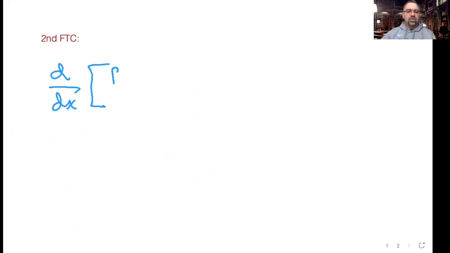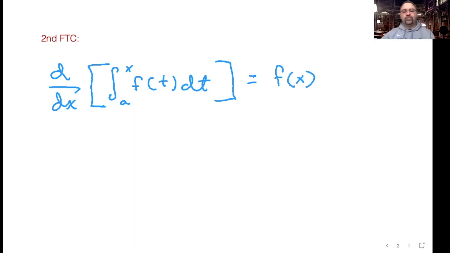We're going to be talking about the second fundamental theorem of calculus, and I've got to admit, Dr. Larson kind of sells it a little short in our book. His version of the second fundamental theorem says that if you take the derivative with respect to x of the integral from a to x of f of t dt, you're going to get little f of x.